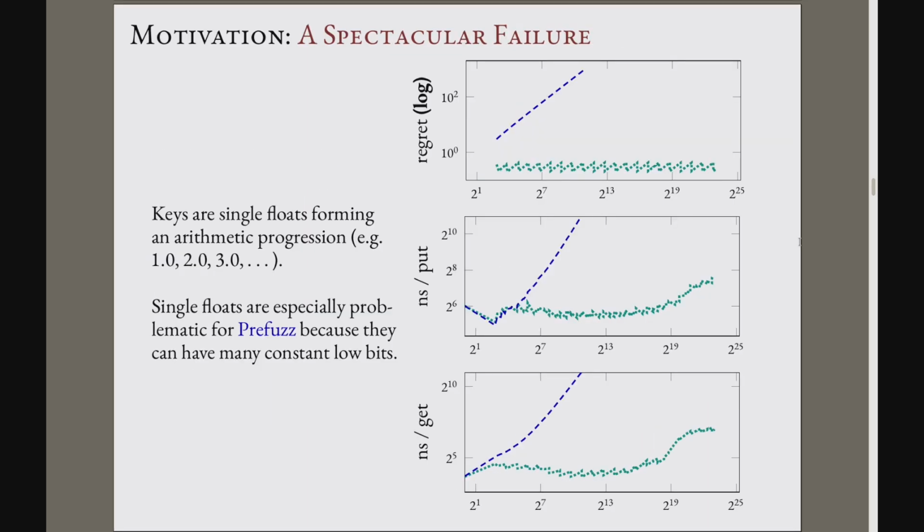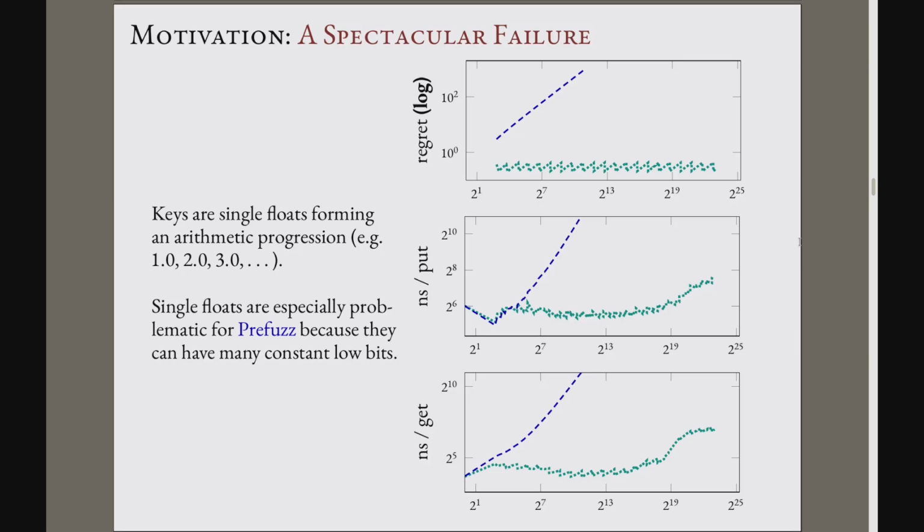Next example: single floats. Keys are single floats, also 1, 2, 3. I had to put the regret of prefuzz on the log scale just to be able to fit it on this graph.